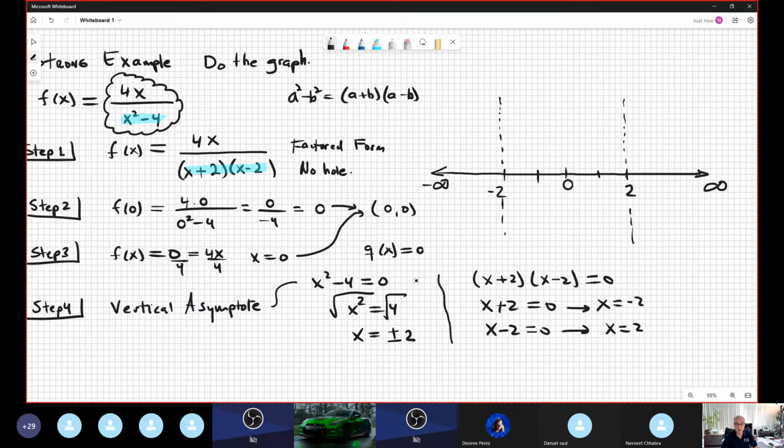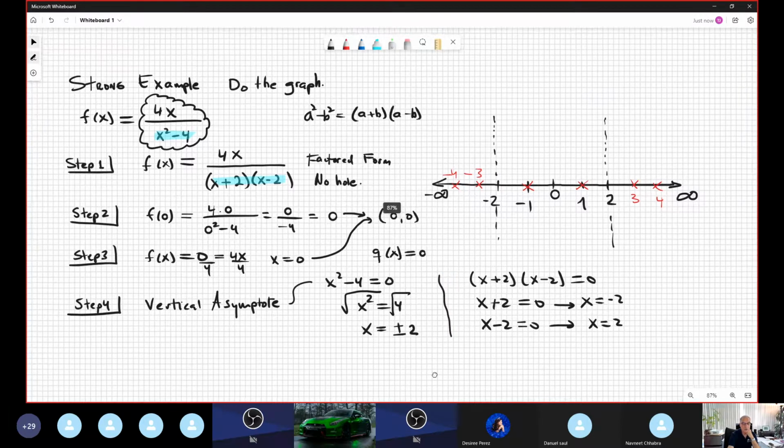Okay, therefore, when I select the numbers to plug in, I would like to include, for example, maybe 3, or maybe 4, or maybe negative 3, or maybe negative 4, or maybe negative 1, or maybe positive 1. Because it's a point inside each interval. Remember, okay, 0 is also included, but I don't put a dotted line because it's not an asymptote. It's also a partition, but a hypothetical, imaginary partition. I put it in blue color, but actually it's not a partition. Boom. Okay.